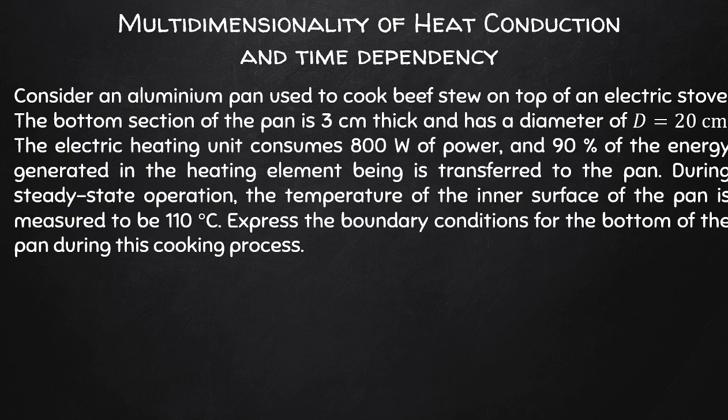We're also given the bottom surface area of the pot, and we're told that it's operating in steady-state conditions, and we are being asked to find an expression of the boundary conditions at the bottom of the pot.